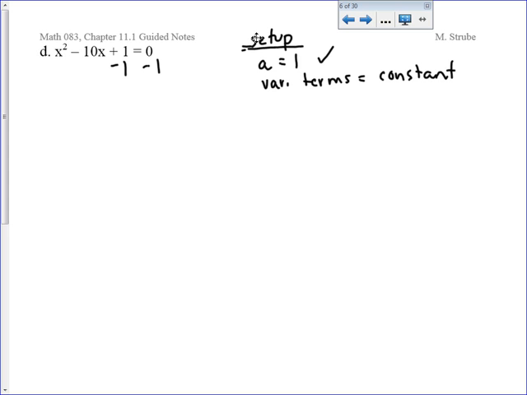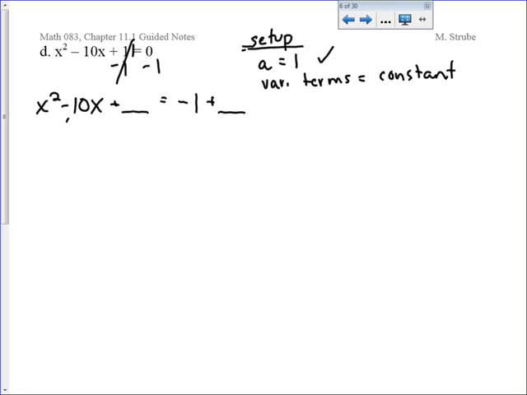So now we have x squared minus 10x on the left side. Leave yourself room to complete the square. And the 1 has gone as a negative 1 over to the other side. And I'm going to put the blank there as well, because what we do to one side, we have to do to the other. And now we need to find the constant that completes the square.